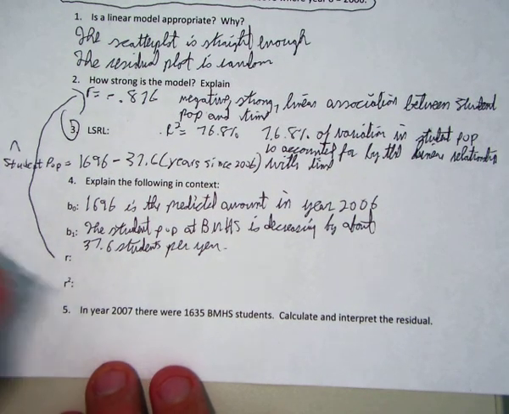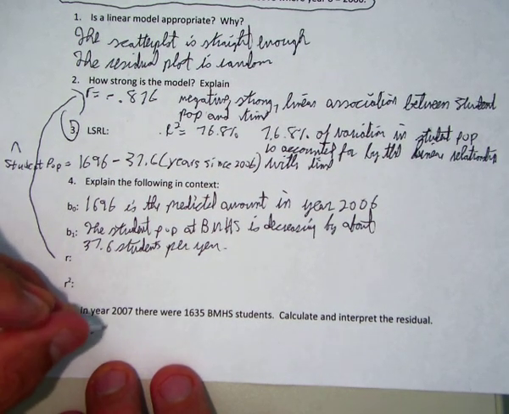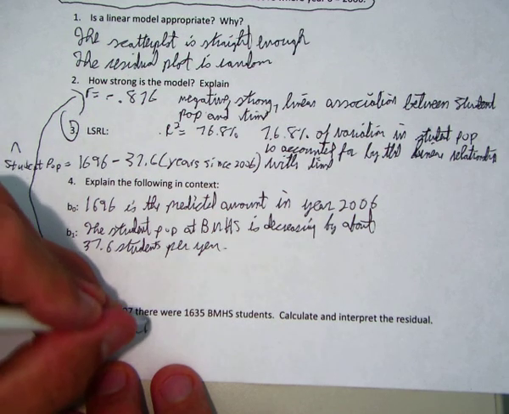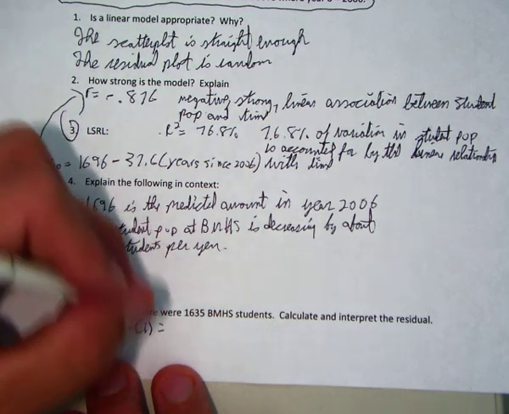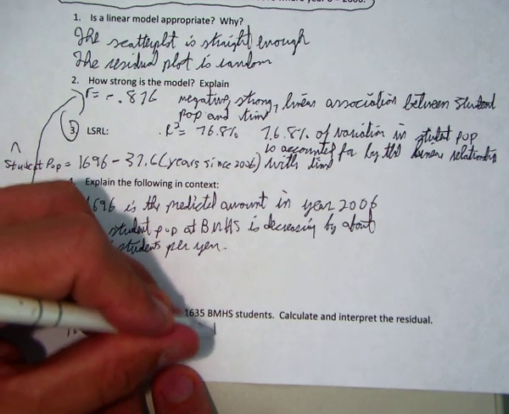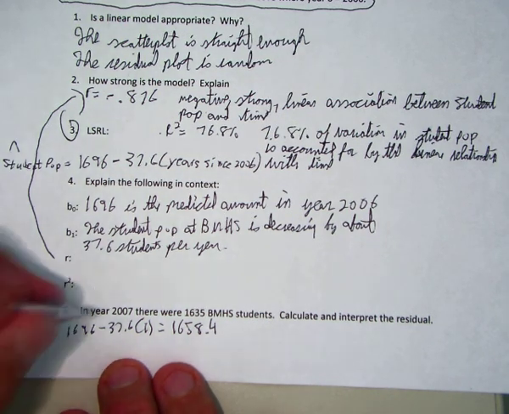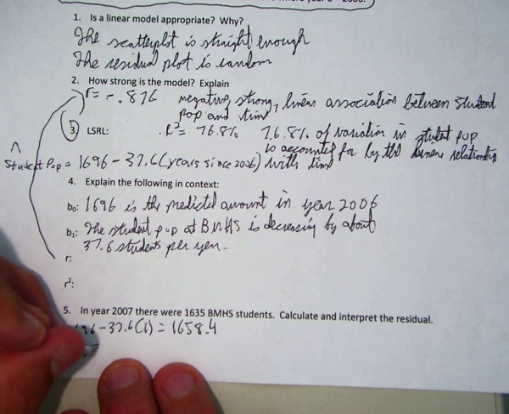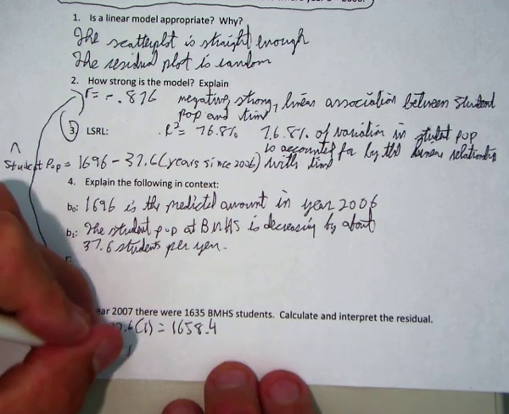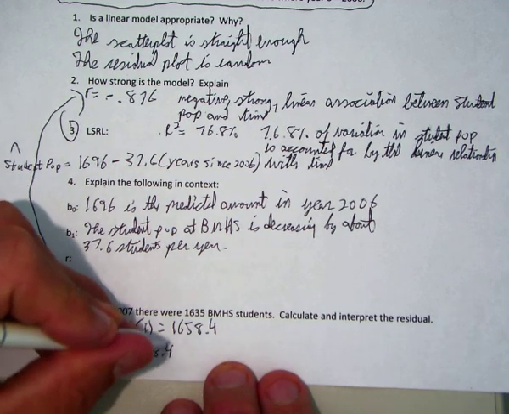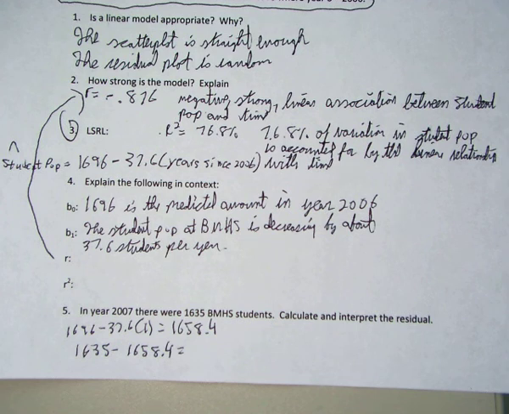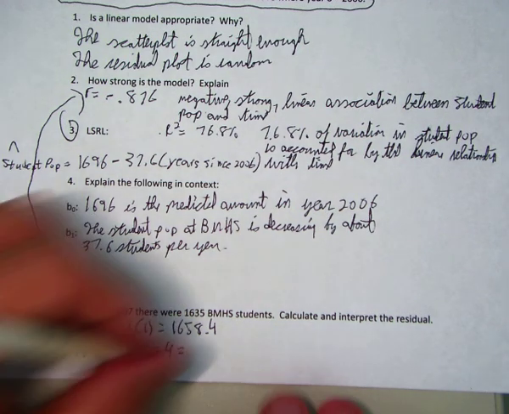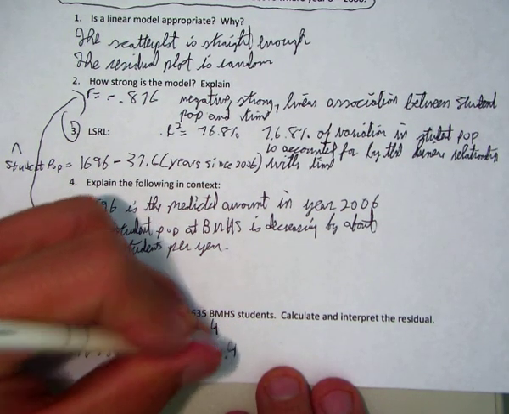If we do 1696 minus 37.6 times 1, we get 1658.4, and then we do actual, 1635 minus predicted, and if we do that, we get negative 23.4.